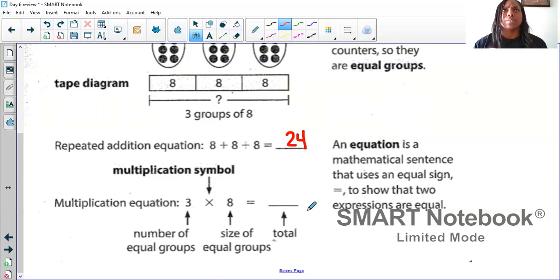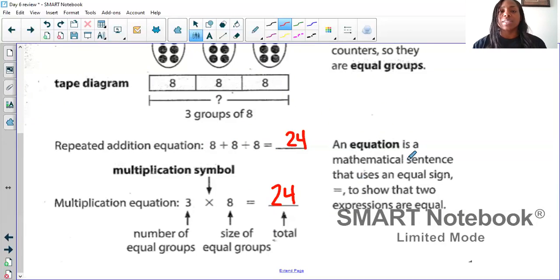When I'm looking for the answer of the multiplication problem, it's not called answer, we call it this. That's right, product. So if my sum for my addition equation was 24 and that was 8 plus 8 plus 8, then what do you think 3 times 8 is? It's 24. Very good. So what's our product?